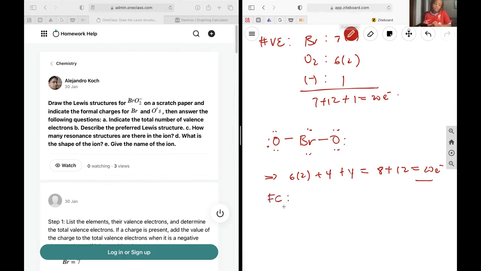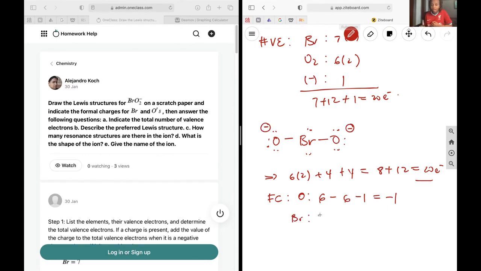I know that I'd need to minimize my formal charges and minimize charge separation if I want this to be a low energy molecule. And typically when you're asked for the Lewis structure, you want the lowest energy. So for each of my oxygens, I have 6 valence electrons minus the 6 in lone pairs minus the 1 they have each contributed to a bond. So this gives me a formal charge of negative 1 on both of them.